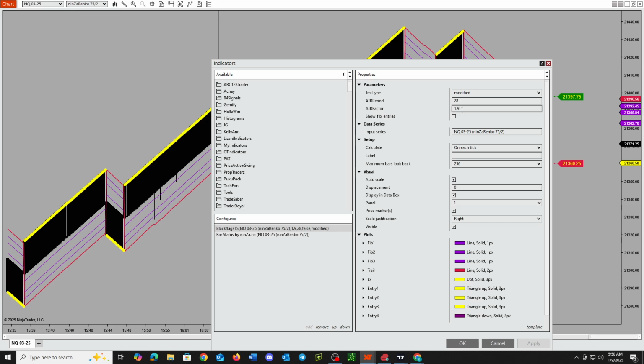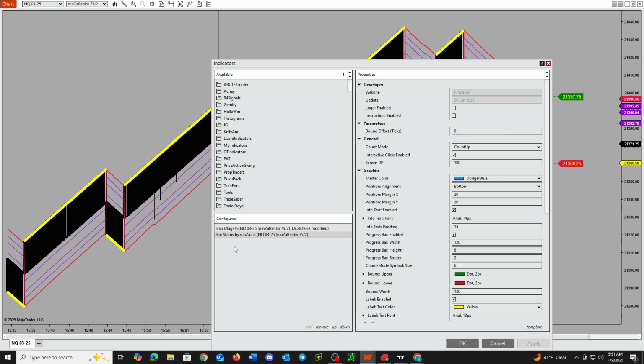I encourage you to take a look at it and see what you like and how it fits in your trading plan. So what I was looking for was a way to measure pullbacks on a higher time frame so that I could try and exploit those on the lower time frame. But anyway, these are my settings.